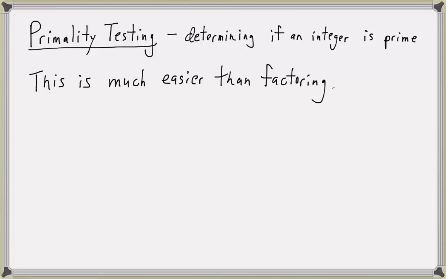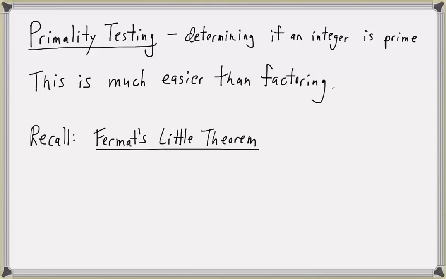Next we'll discuss a primality test, which actually would be better called a compositeness test, since it gives a completely certain answer only in the case when n is composite. But first I want to recall Fermat's little theorem. This is just a special case of Euler's theorem when the modulus is prime.